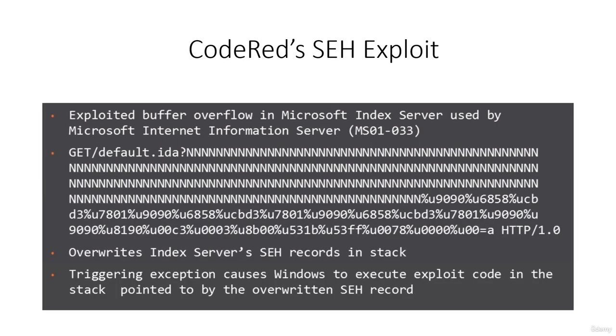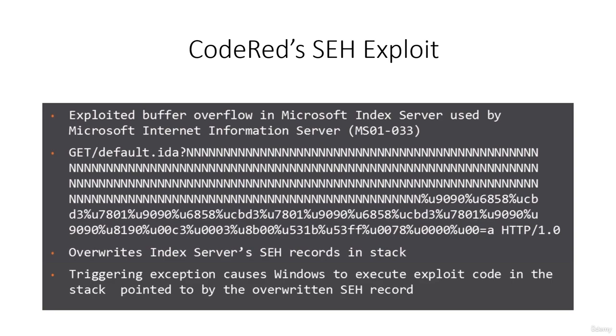Let's look at a historical example of how Windows structured exception handling was used to do just this. Possibly the most famous example of a structured exception handling exploit was used by the Code Red worm, released on the internet in July of 2001.